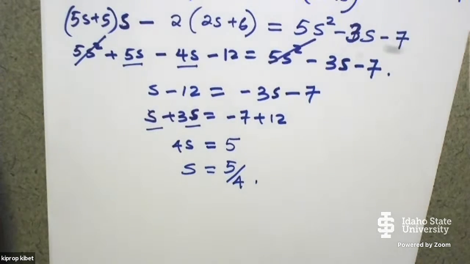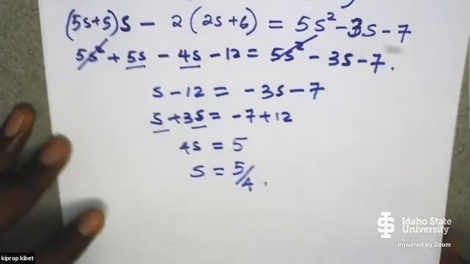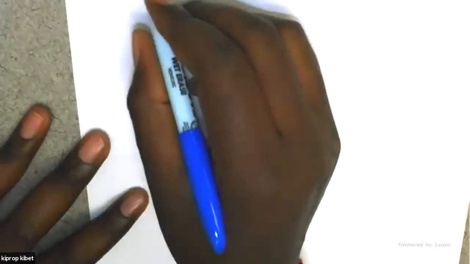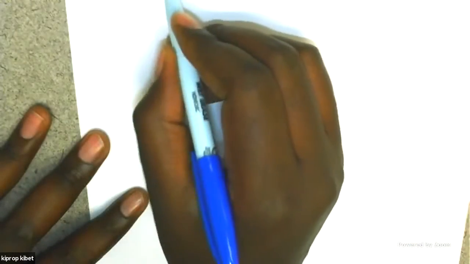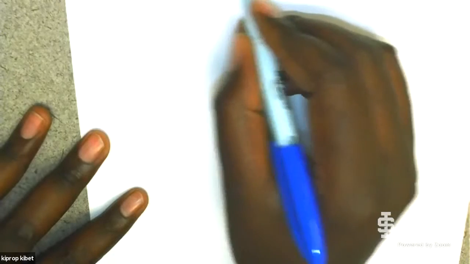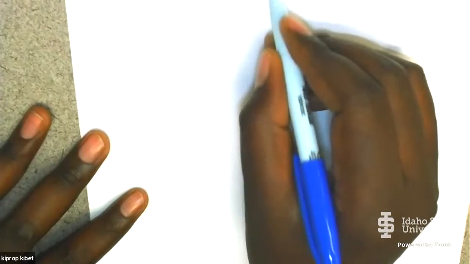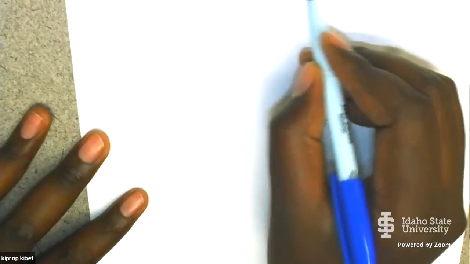We can do another example. I think we did this one, if I'm not wrong. n all over n plus 2 minus 3 equals 8 all over n square minus 4.